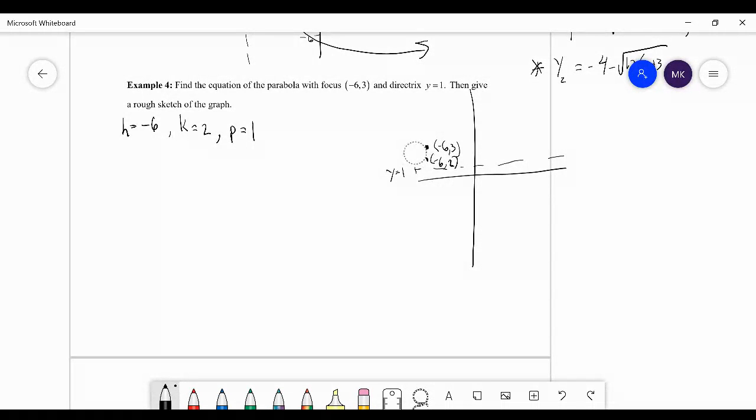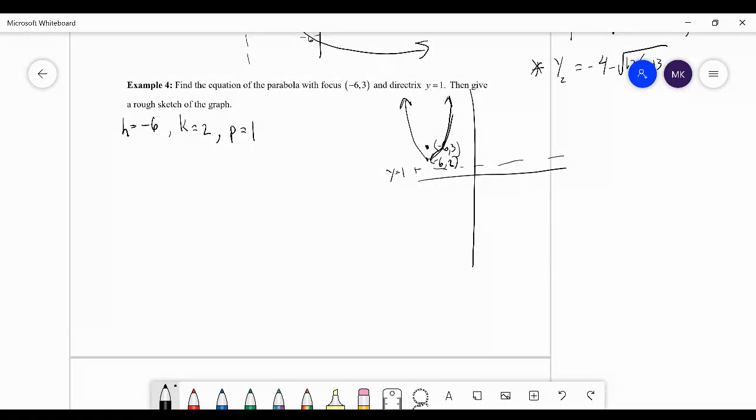Now let me erase this. So since p equals 1, it's positive. We know our graph is going to open like this. So there's our sketch. We've got our sketch without getting our graph. That's pretty easy, right? Once we know our focus and our directrix, we can figure these things out really quickly by finding the vertex, going in between those two, and then just knowing whether it opens up or down.